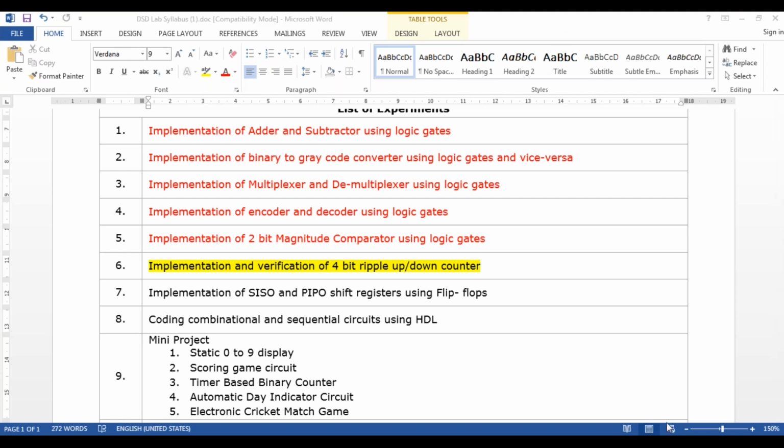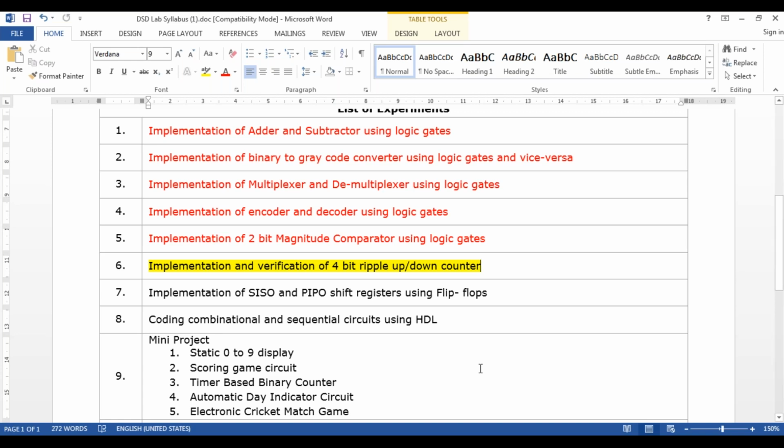Have you all noted? Reply through chat. Have you all noted today's experiment title? Yeah, thanks for your response. If you have Logisim in your hand, open it and follow my instructions. It should be a hands-on session. If you have Logisim software, execute in parallel while I execute.